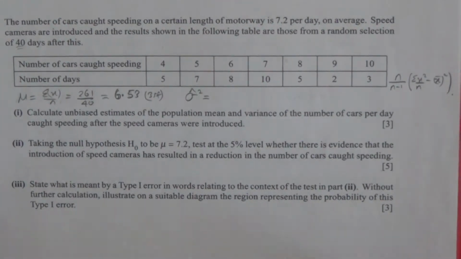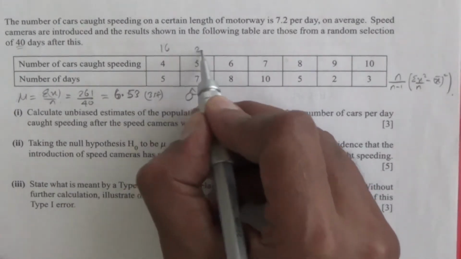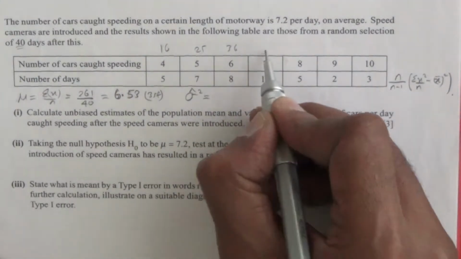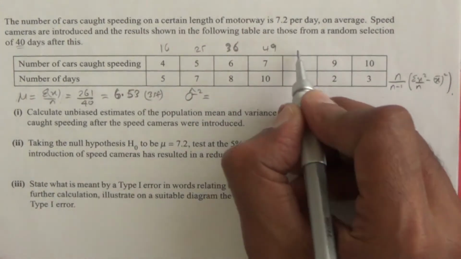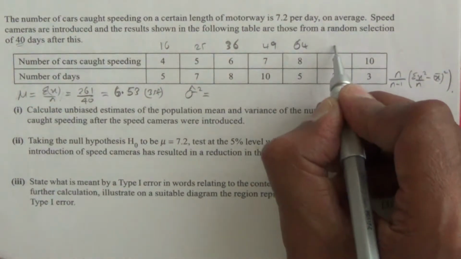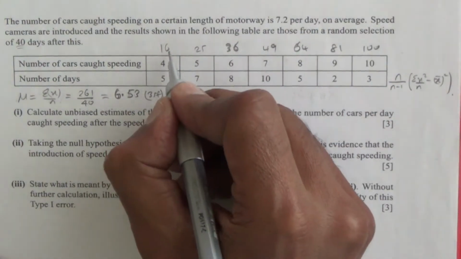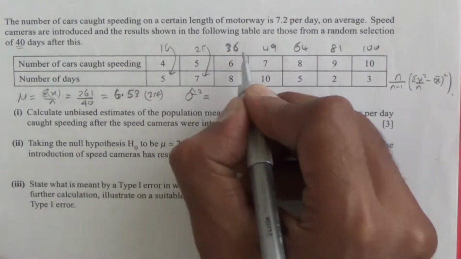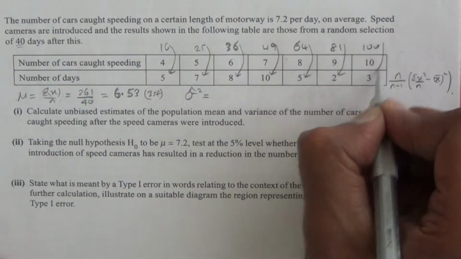Over here you're going to have to square these numbers: 25, 36, 49, 64, 81, 100. You square each of these and then you multiply by the variables. And then you add up.